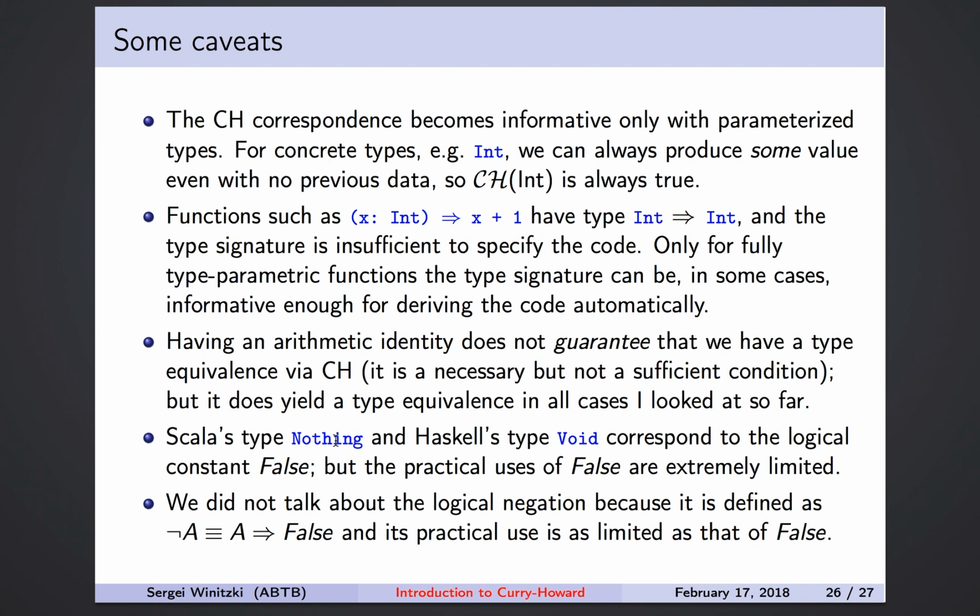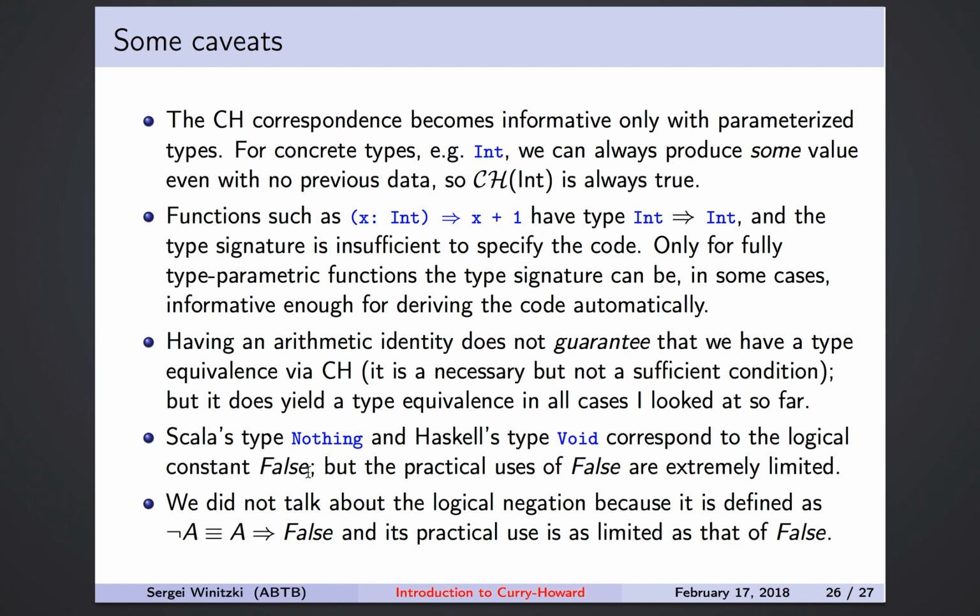Scala has a type called Nothing, and Haskell has a type usually called Void, that corresponds to the logical constant false. What does it mean? CH of Nothing is false. It means your code can never have a value of type Nothing, or in Haskell, Void. You can never compute a value of this type.